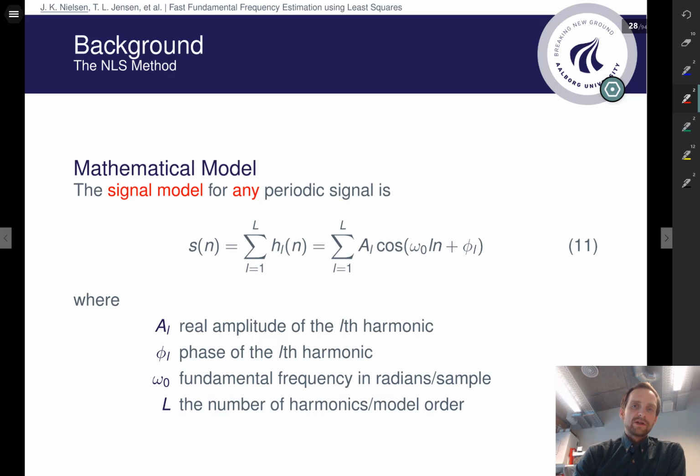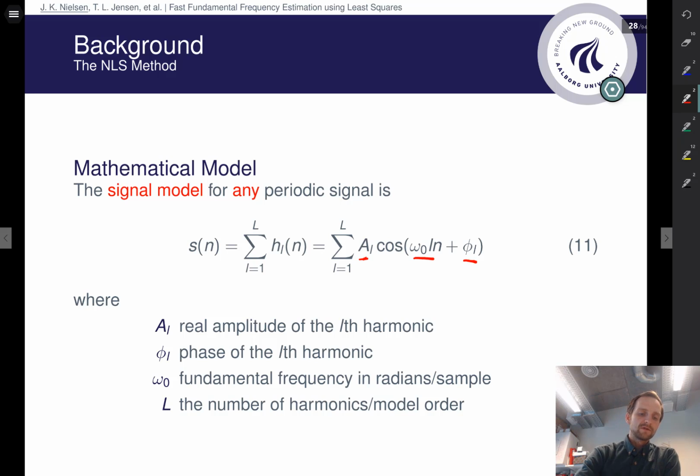What we basically did on the previous slide was formulate a mathematical model for our periodic signal. This is stated here in equation 11: any periodic signal s of n can be written as a sum of harmonic components. Each harmonic component is a simple sinusoid, with an amplitude, a frequency, and a phase. The important thing about these periodic signals is that the frequencies are all related to each other.